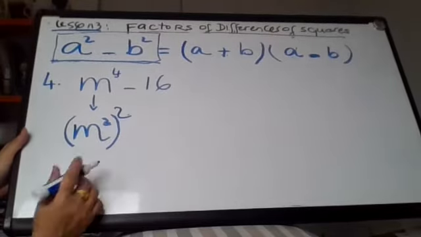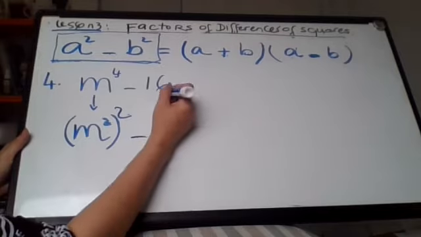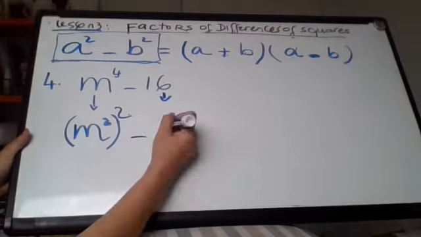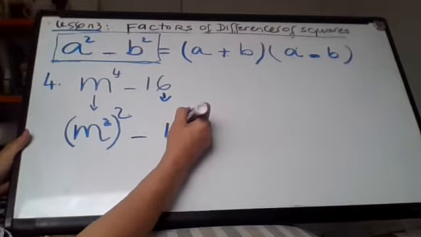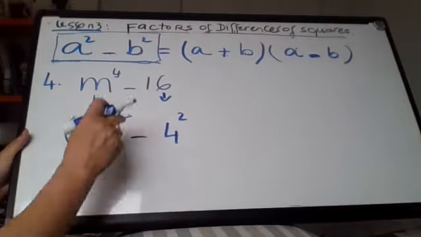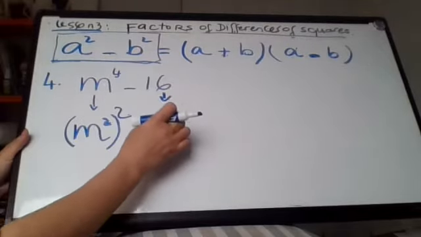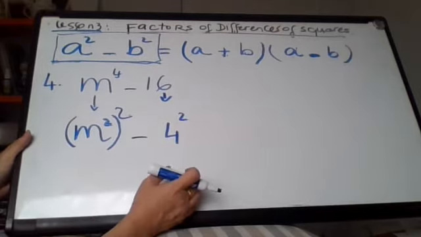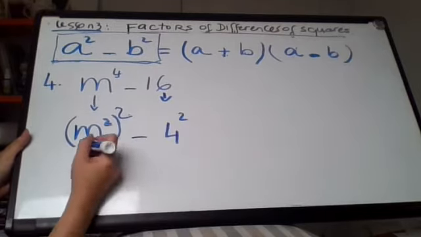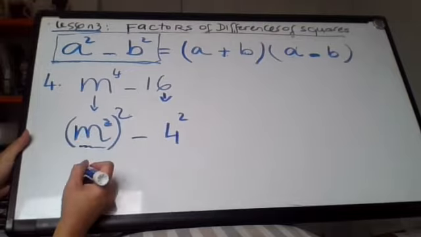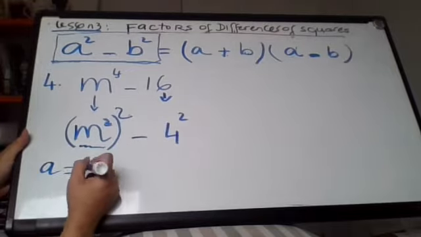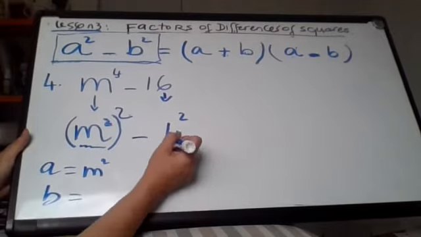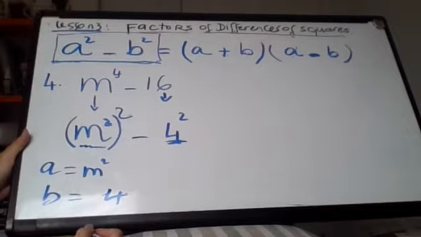So that's how you break the m to power 4 into the square pattern, okay? Minus, how do we get the hidden b in here? It has to be b squared, and the b in here is 4, because 4 power 2 is 16, right? So it's hidden in here. You have to take the square root of 16 to get down to 4 and power it back again. So here, you know what your a equals. Your a here equals m squared, and your b here equals this base, which is 4, right?